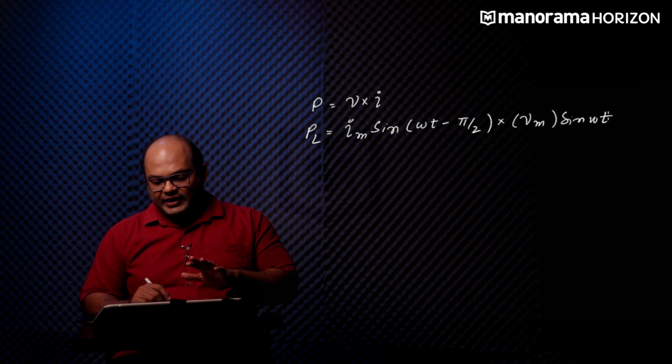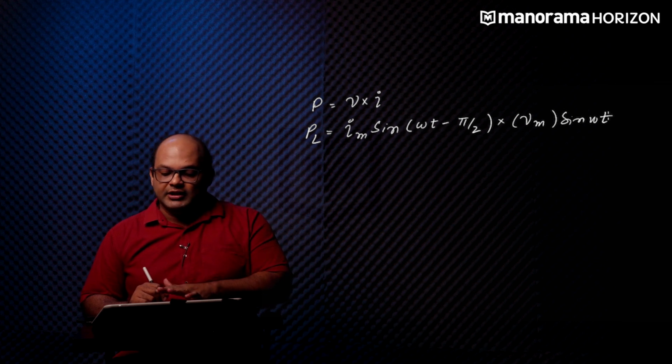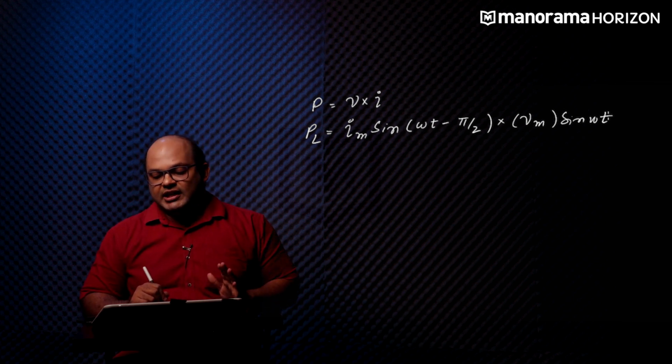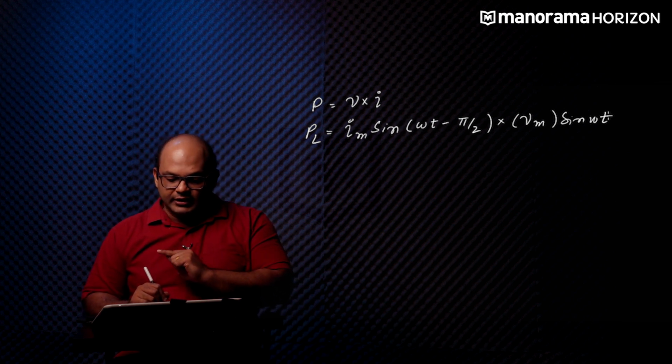So here we have the instantaneous value of current, that is Im sine(omega t minus pi by 2), multiplied by the instantaneous value of voltage, that is Vm times sine omega t.